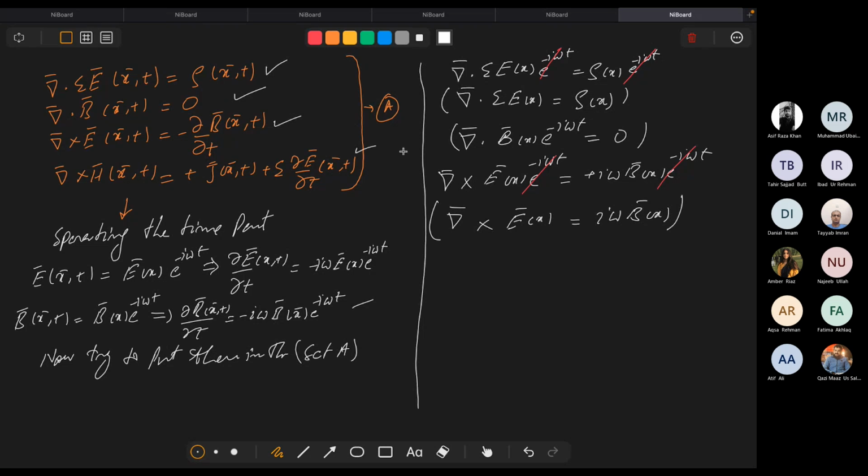Now we move to the fourth equation. So the fourth equation would be like this: we also split the H component, H x exponential omega t, is equal to J, and in J also we have split it, and then we have the other part, which is E x exponential omega t.